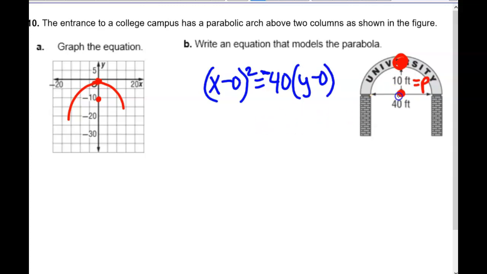Now, if we wanted to really check, it's supposed to be 40 across all the way. So if we went 20 to the right of the vertex, which would be, oh, they put 20 all the way out here. Oh, lovely. They're counting by 2's one way and 5's one way. I don't even know. Are they counting by 5's both ways?